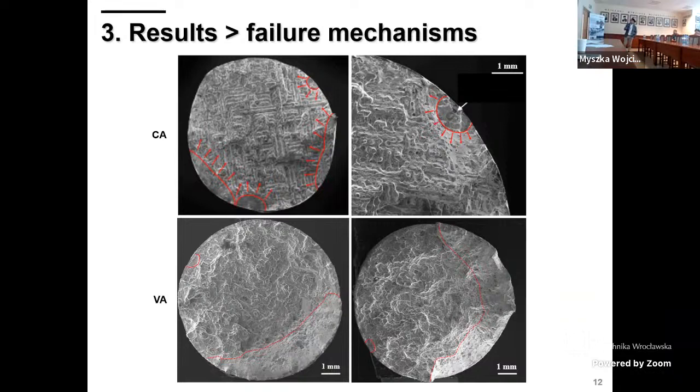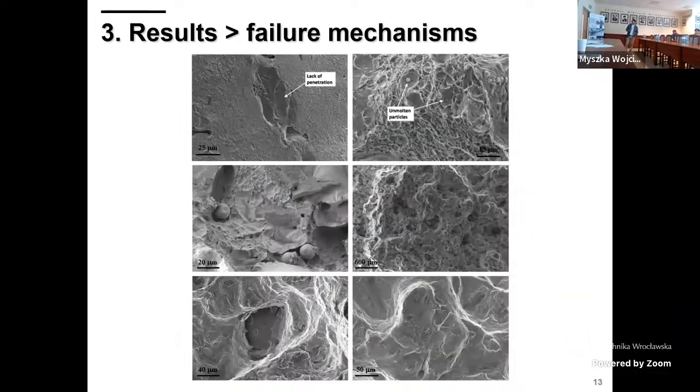So we have found a brittle dominant failure mechanism, but some evidences of ductile failure, and as expected, some typical defects associated to the printing process. So lack of fusion defects and molten particles, and so on.